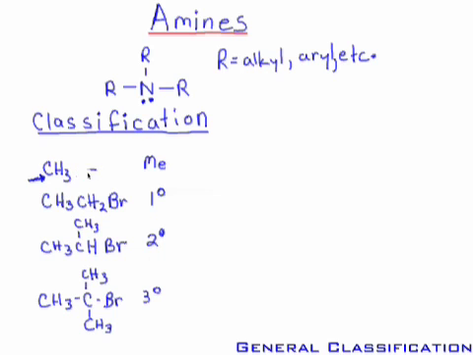Now, this system works for any monovalent group. For example, if I replace bromine with alcohol groups, the same designation applies. So the first, methanol, is classified as a methyl alcohol.